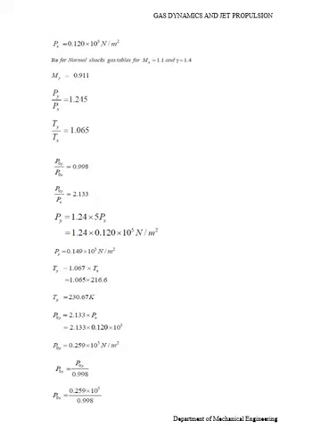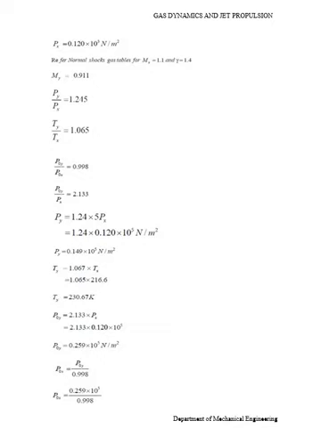Then refer to the normal shock table, for Mx equal to 1.1 and gamma equal to 1.4. Therefore My equals 0.9111, Py divided by Px equals 1.245, Ty divided by Tx equals 1.065, then P0y divided by P0x equals 0.998.